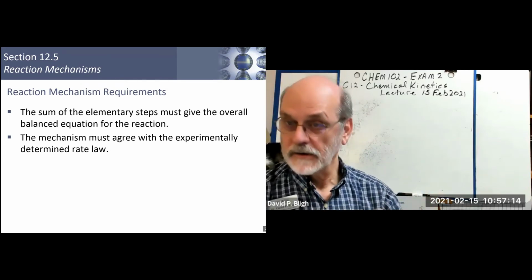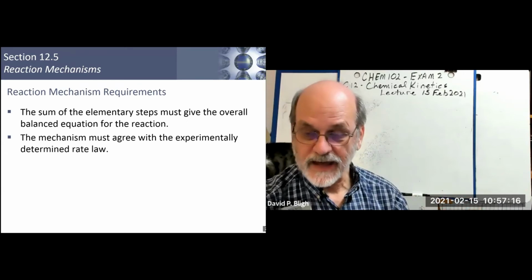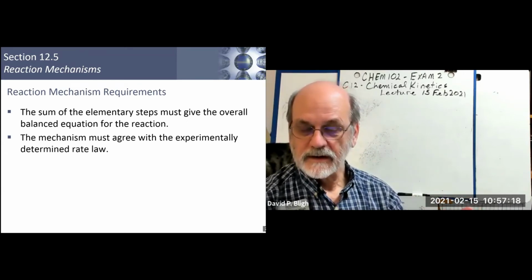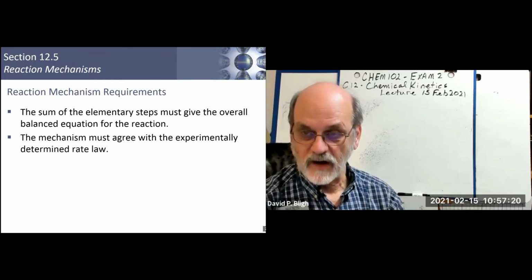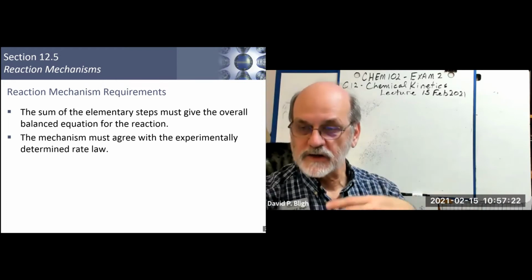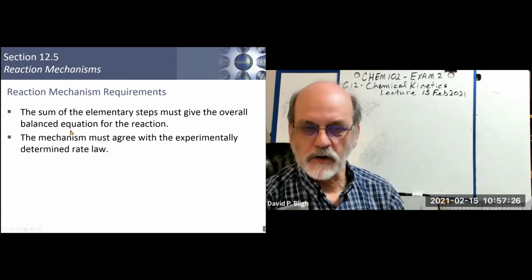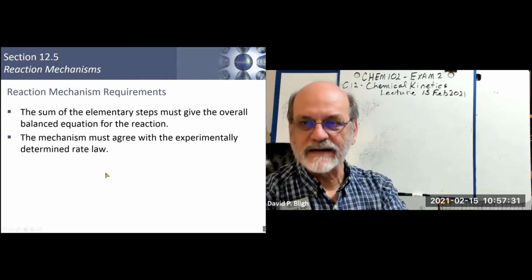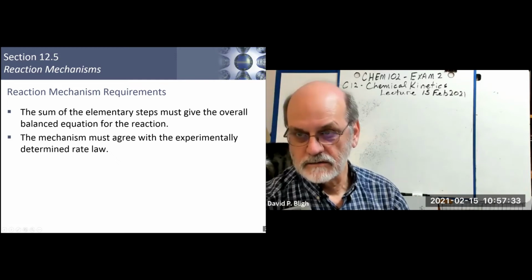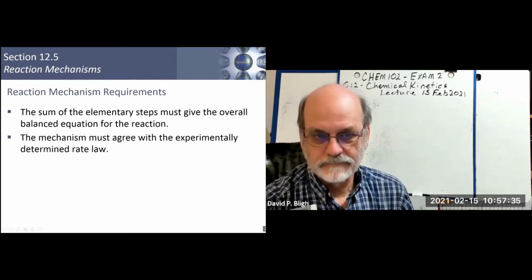Just like I mentioned, use the rate determining step, the slowest, to write your rate law and compare it to the experimentally determined rate law and see if they jive. So those two conditions have to be met in order for a reaction mechanism to be considered even remotely valid.